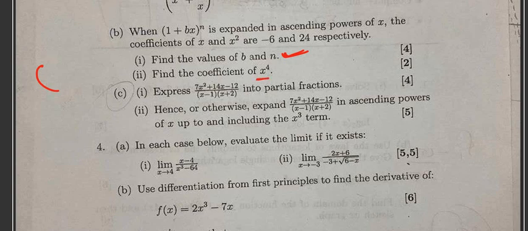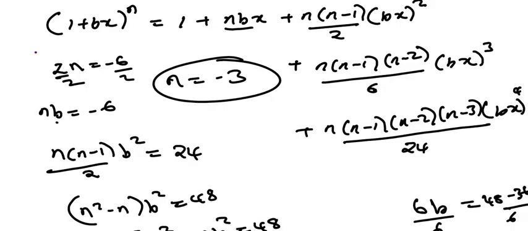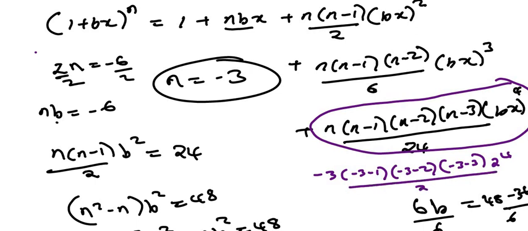They ask for the term that the coefficient of x to the power 4 would be. Just replace in this, this is the term they're asking for. So for n we put negative 3. Negative 3 minus 1, then negative 3 minus 2, then negative 3 minus 3. B is the same as 2, right? So 2 to the power 4, because bx to the power 4, meaning the 4 affects everything. So that's 2 to the power 4, everything over your 24.